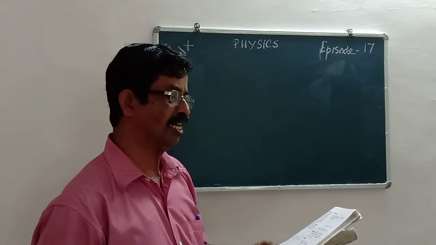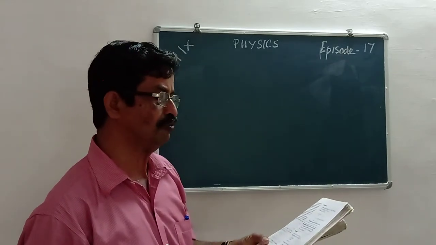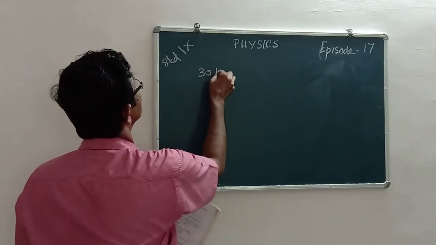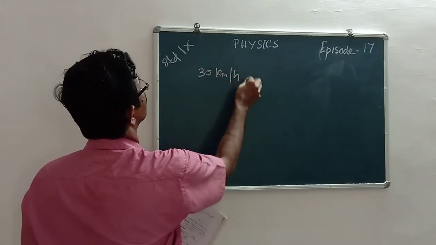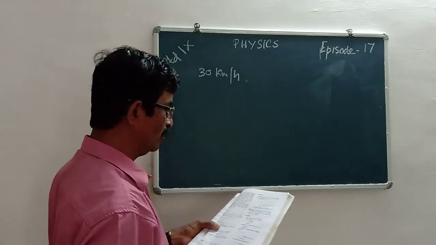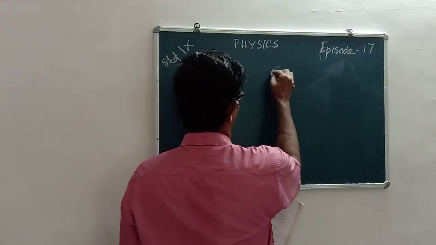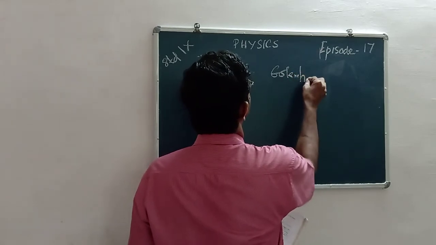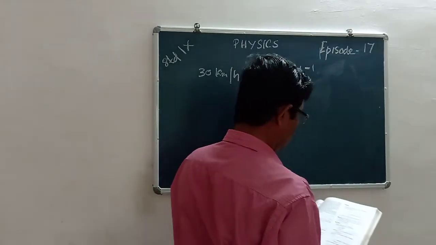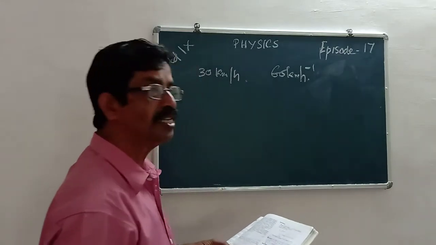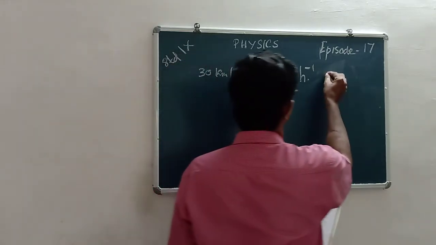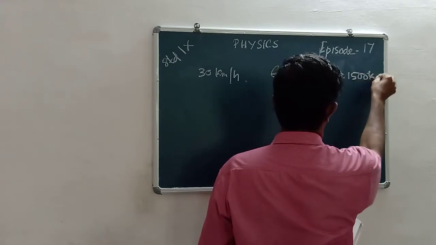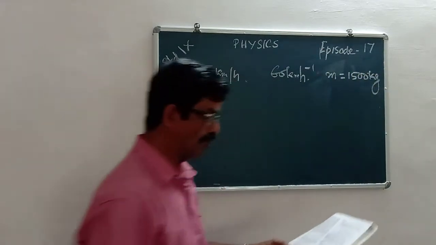The work done to increase the velocity of a car from 30 kilometer per hour to 60 kilometer per hour, and the mass of the car is given, 1500 kg.